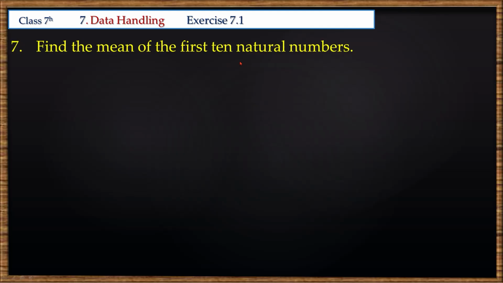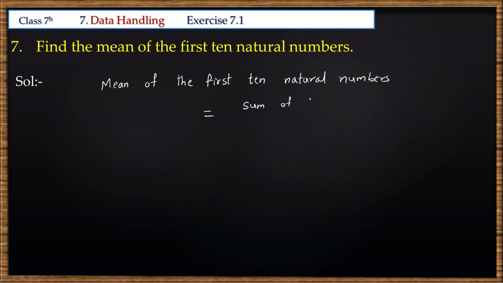Find the mean of the first 10 natural numbers. Let us solve this problem. Mean of the first 10 natural numbers is equal to the sum of the numbers divided by 10.